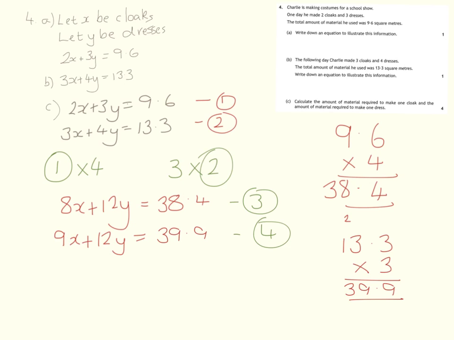If we did equation 3 subtract equation 4, the y's would cancel, but we would have minus 1x, and that's going to be a bit messy. So what we're going to do is equation 4 subtract equation 3. We can do that, that is allowed. I'm going to do that on the next screen.